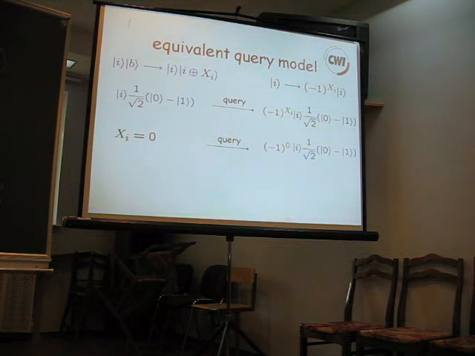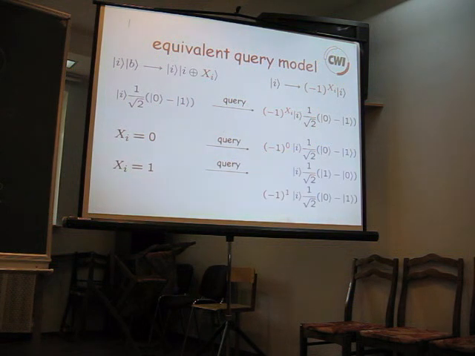Now if xi is 1 and I do the query, note that it flips the 0 into a 1 and the 1 into a 0, which will give me |1> minus |0>, but that's equivalent to taking that -1 outside and putting back |0> minus |1> again. So in that case, I will get (-1)^1 in front of it. The 1 and the 0 have been switched, but multiplying by -1 and taking that outside gives me |0> minus |1> back again. Okay? So these two models are equivalent.